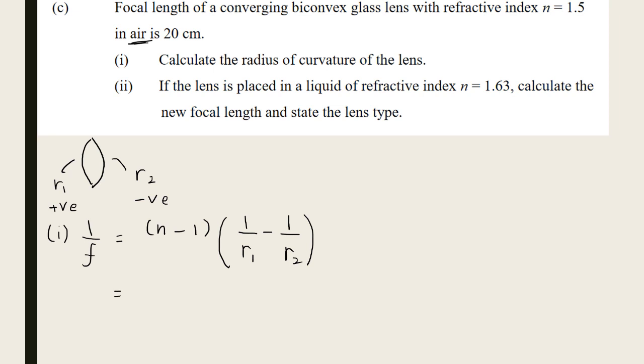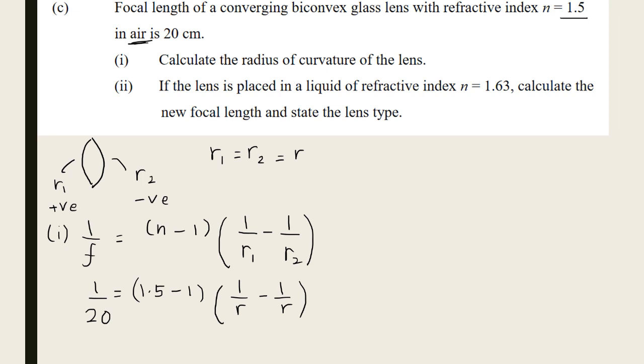Let's substitute those values into a formula. 1.5 is the refractive index, 1.5 minus 1. For this type of biconvex glass lens, R1 is equal to R2. I'm going to assume these values as R. Okay, so 1 over R minus 1 over R. Okay, because the values, they have to be equal. Focal length is 20.